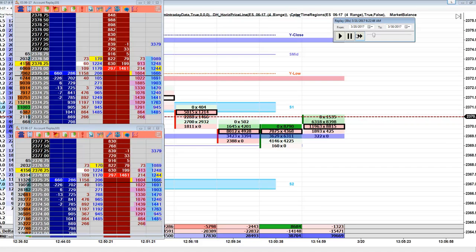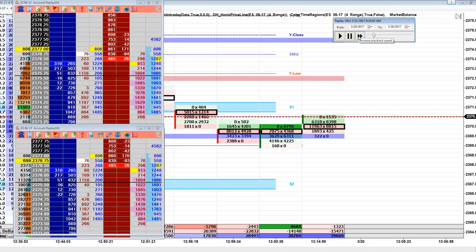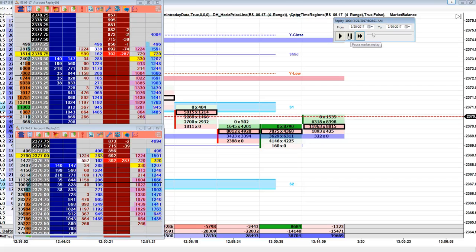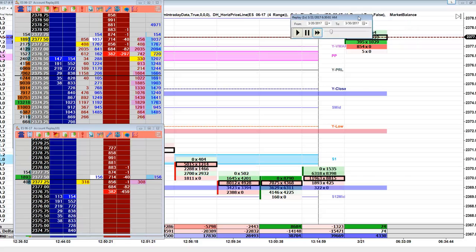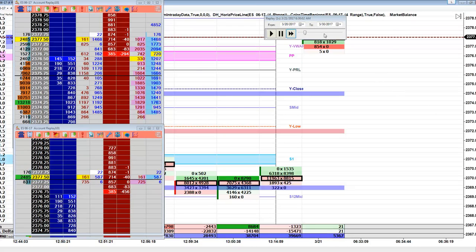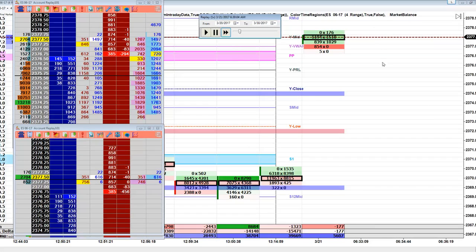And notice that Jigsaw is accumulating here. Okay, there's the first bar on the four range bar. So the first delta of the day now is positive, going back and forth.